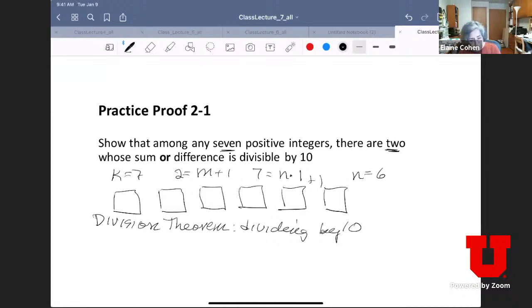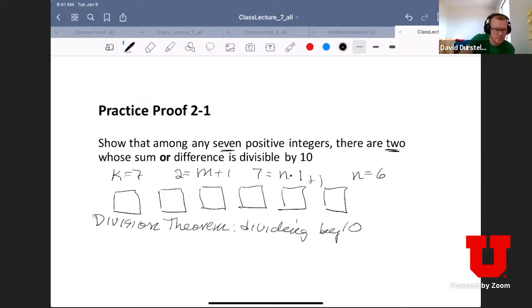So that's the first thing. You're going to use the division theorem. Since you have only 6 boxes, you can't have a separate box for everything in order to get 2 in there. So how are you going to label them? How did you decide to label them 0, and then 1 or 9? Well, because 1 and 9 equals 10.